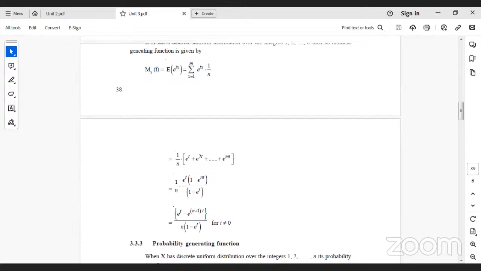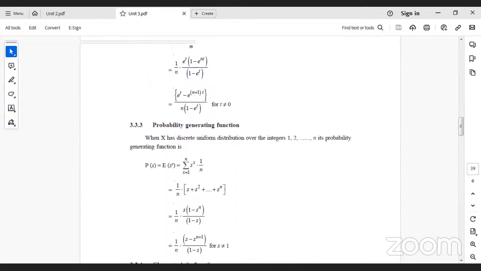So 1 by n, by expansion, e power t plus e power 2t and so on plus e power nt, that is 1 by n, e power t into 1 minus e power nt by 1 minus e power t, for t not equal to 0.